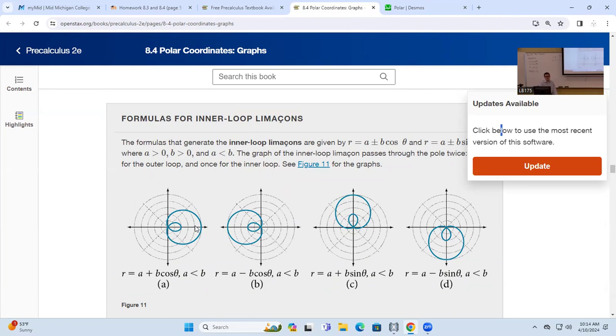This happens when the coefficient in front of the sine or the coefficient in front of the cosine is bigger. And again, whether it's pointing left, right, up, or down, that kind of matters on the positive, negative structure of the coefficients.